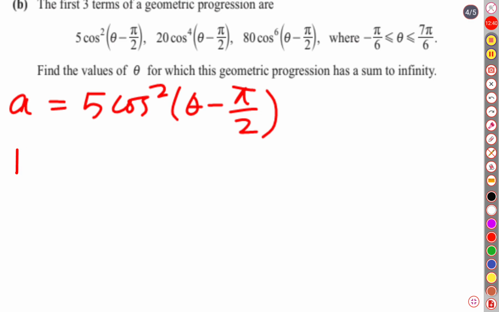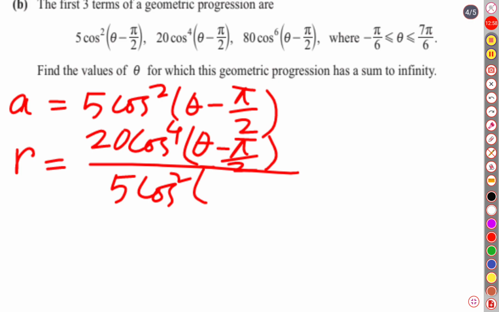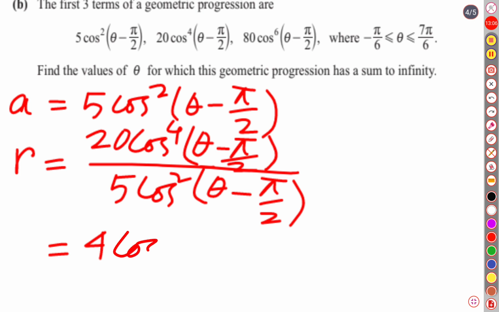The common ratio r is equal to the second quantity, 20 cos^4(theta minus pi over 2), divided by 5 cos^2(theta minus pi over 2). If we do simplification, it is going to be 4 cos^2(theta minus pi over 2).